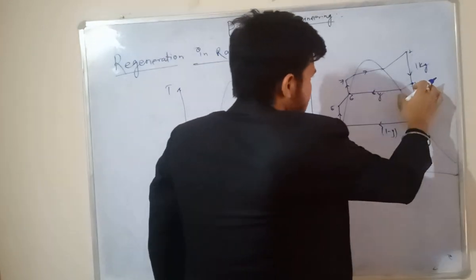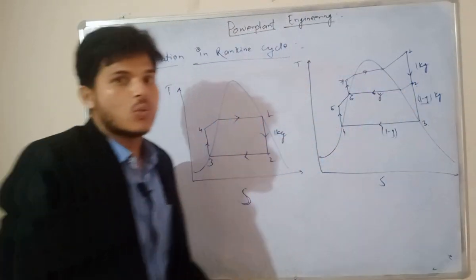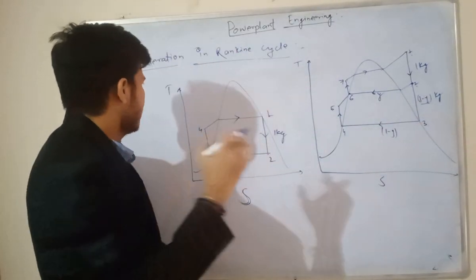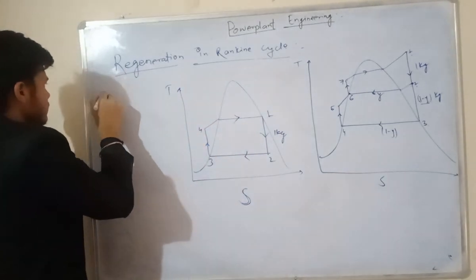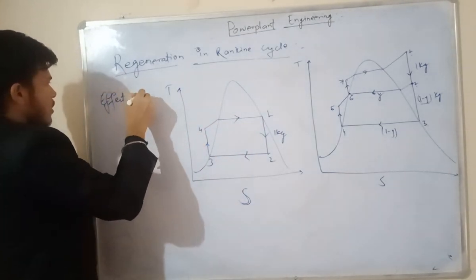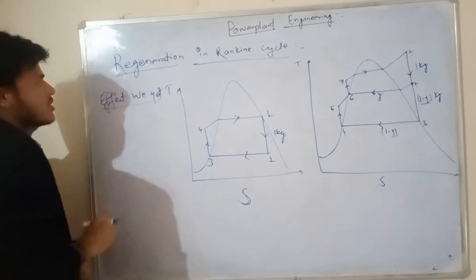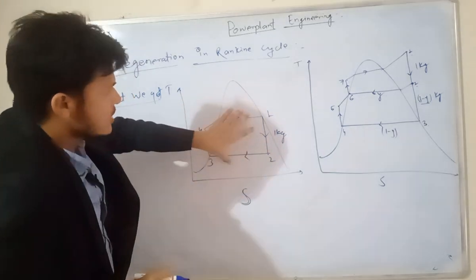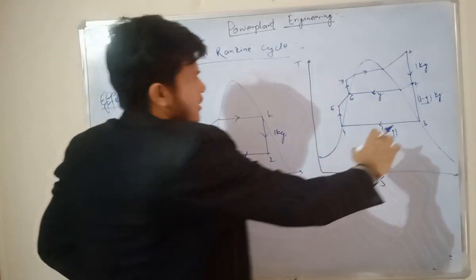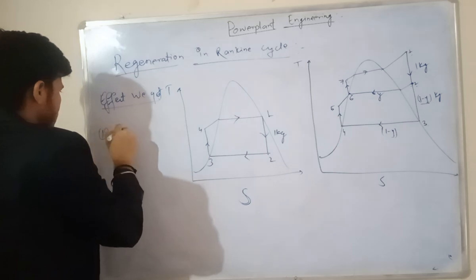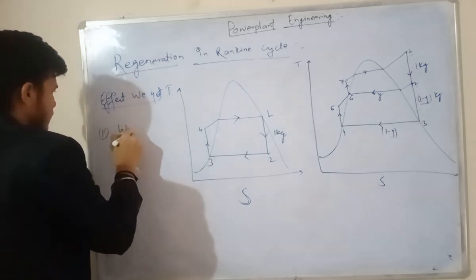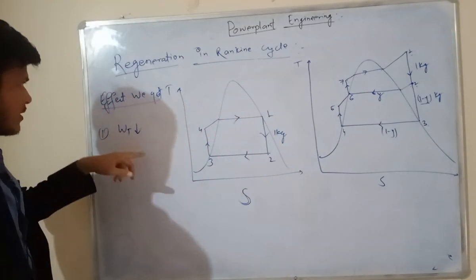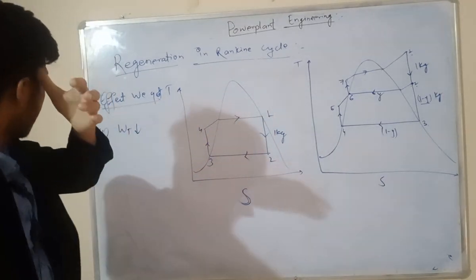So in this case, in the turbine 2 to 3, the turbine work reduces. By comparing the diagrams, the first effect is that the turbine work is reduced. This downward arrow denotes a decrease, upward indicates an increase.